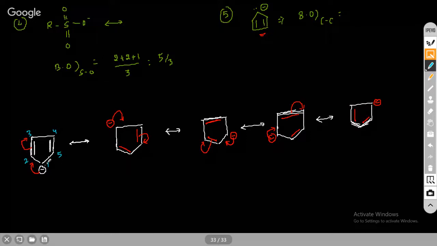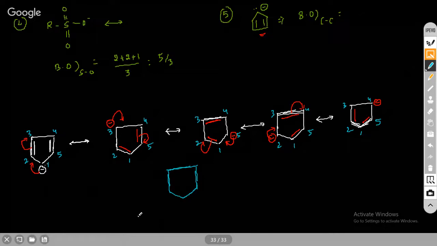So here the negative charge on first carbon, here on third carbon, on fifth carbon, on second carbon, and then on fourth carbon, right? And we know all these resonating structures contribute into the hybrid structure, the real hybrid. They contribute their property to the real hybrid, right?